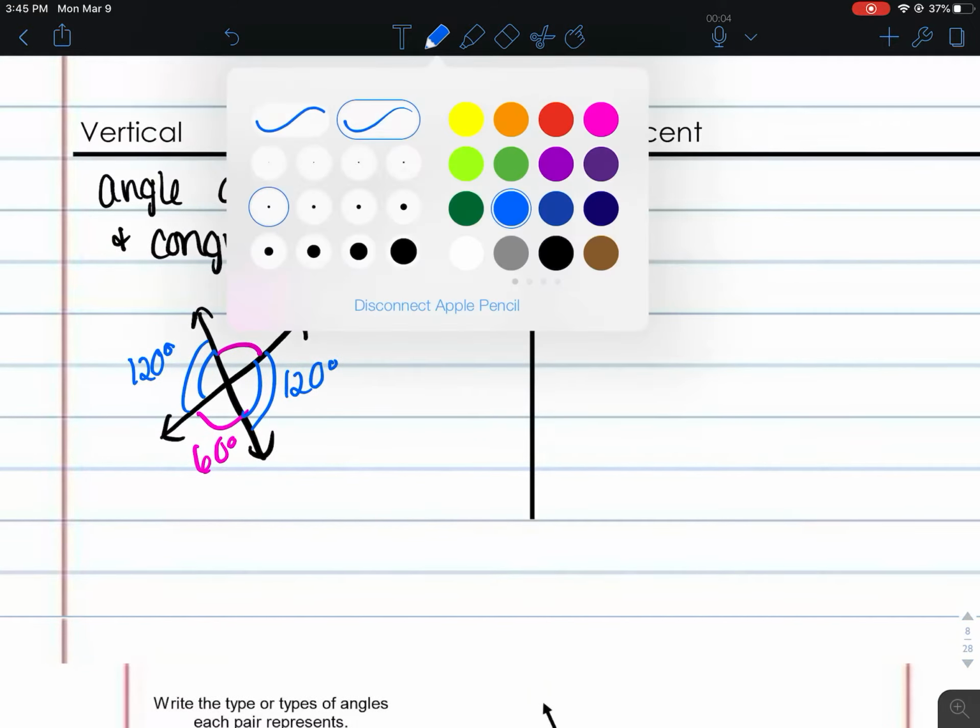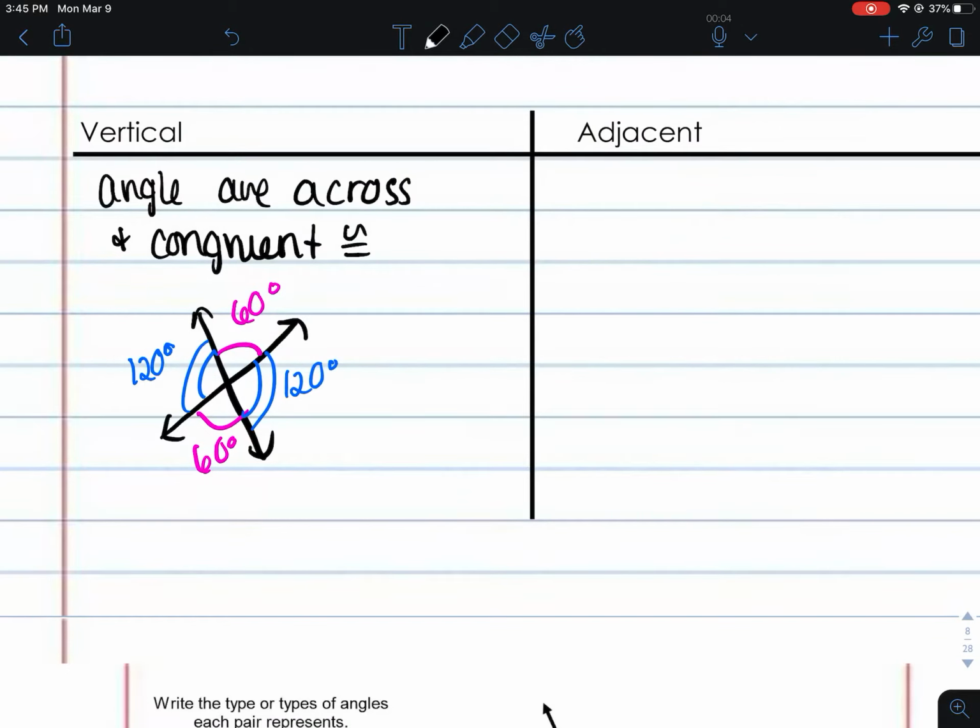The last word on here is adjacent, and adjacent just means that 2 angles share a side and a vertex.